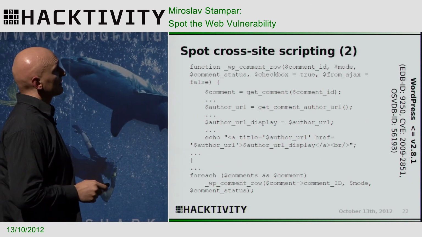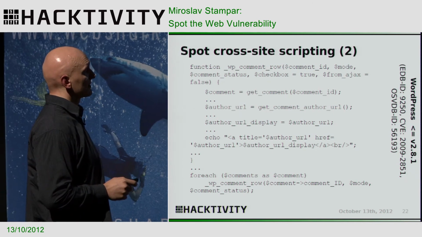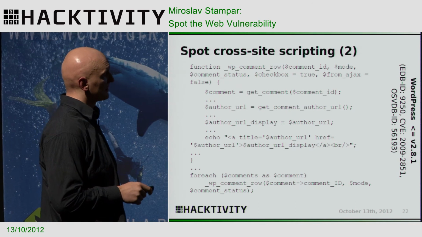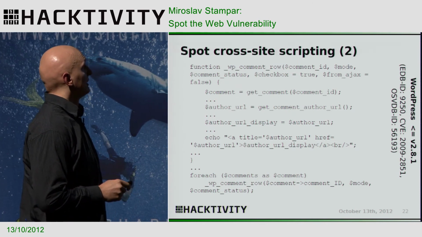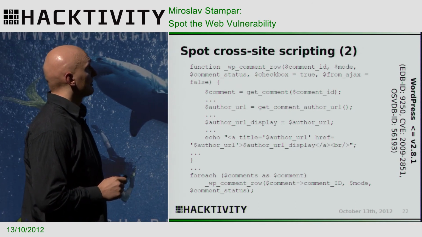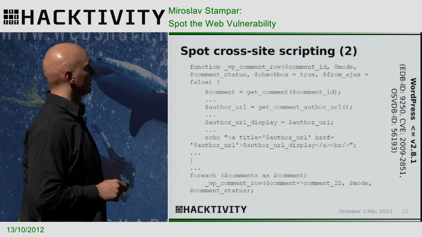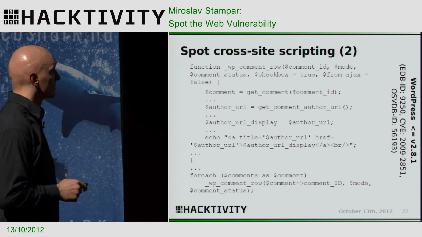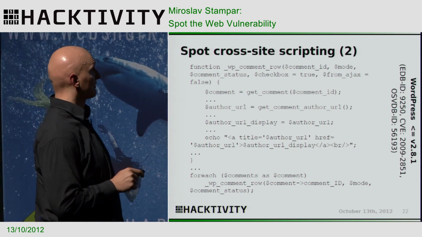This is one example for the popular WordPress platform. So not for plugins, but the WordPress platform itself. The thing is that there was a piece of code for displaying comments coming from users on the platform itself.